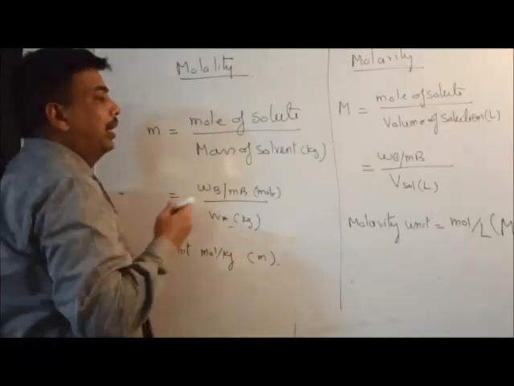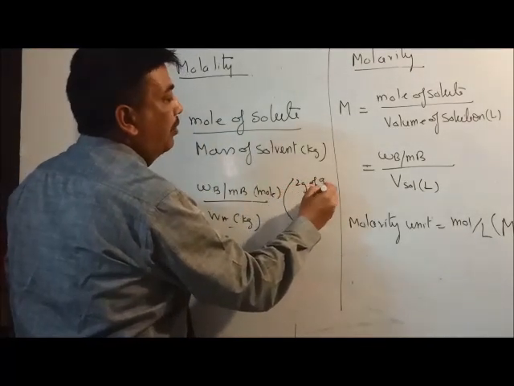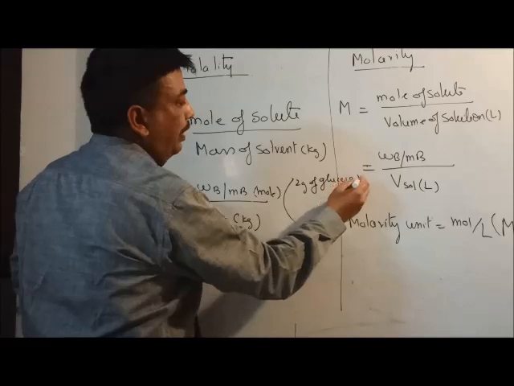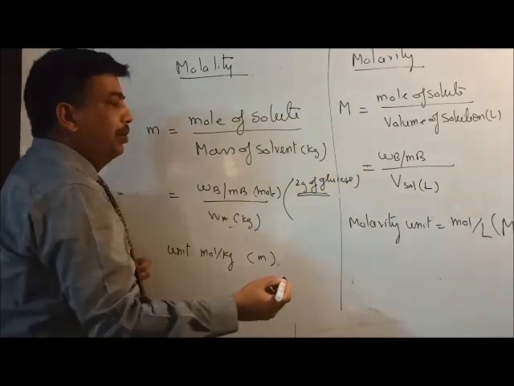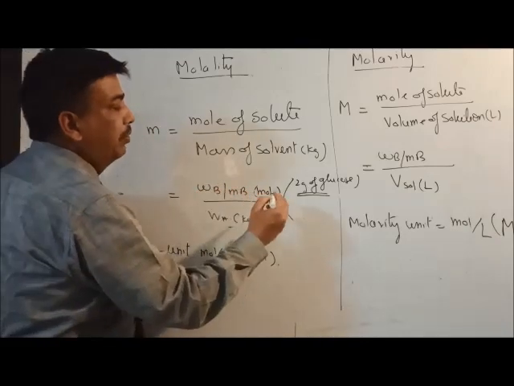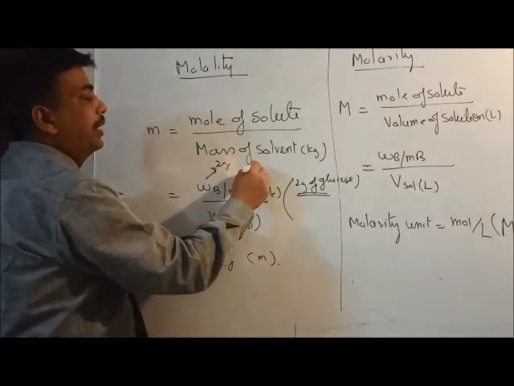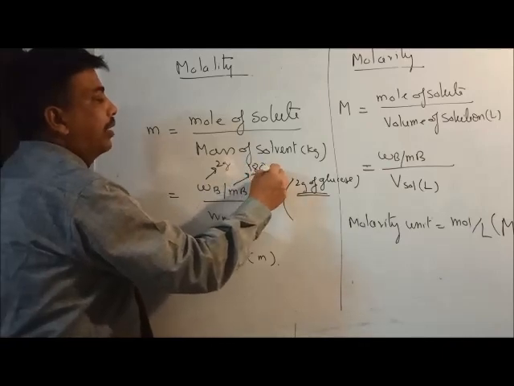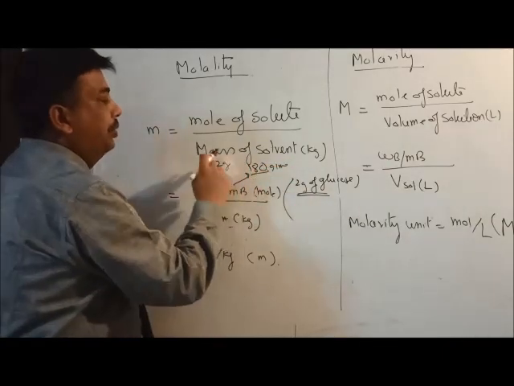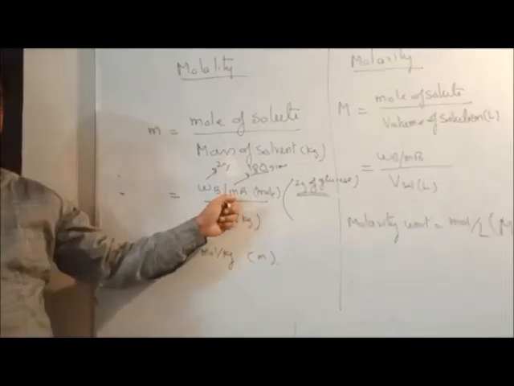For example, students, if we have 2 grams of glucose, then 2 gram of glucose can be converted into moles. So in place of WB we write 2 grams, and in place of MB we write 180 gram per mole. So 2 divided by 180 will be the mole of solute here.